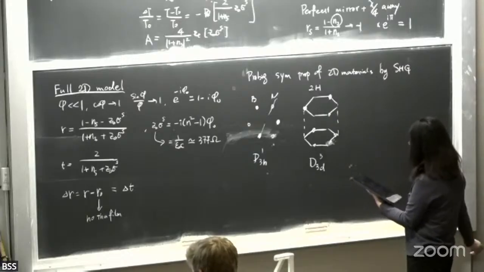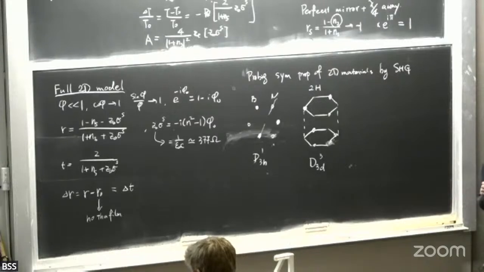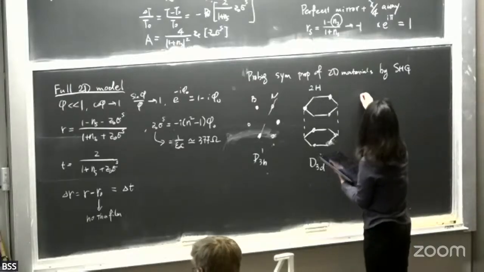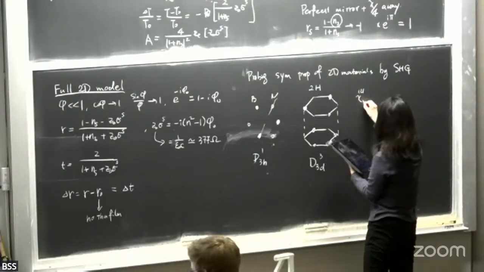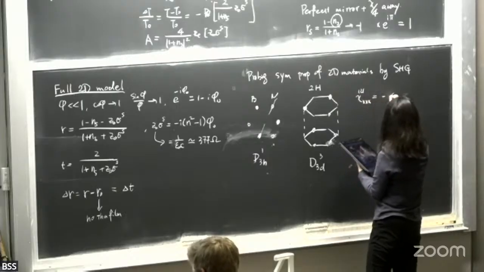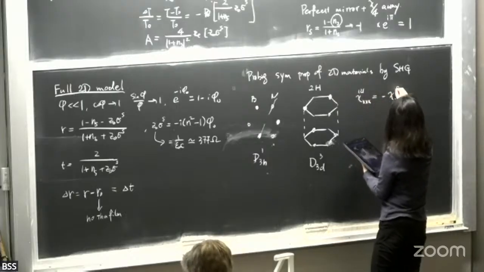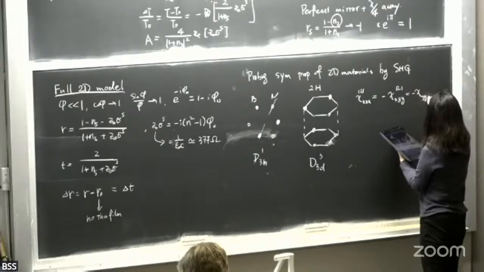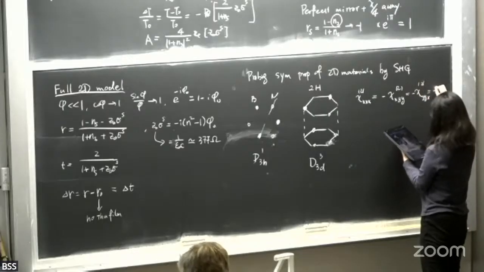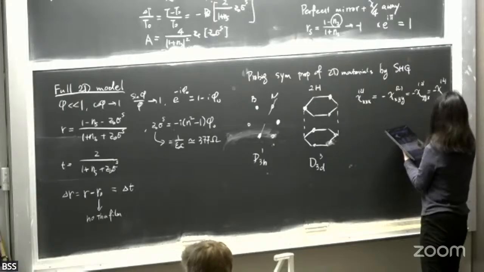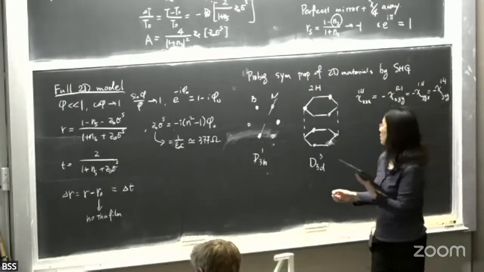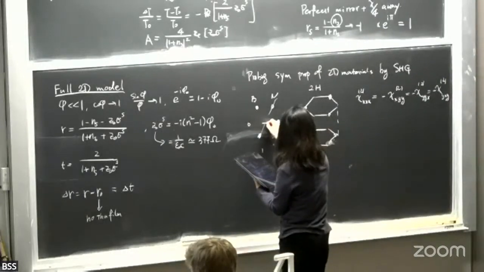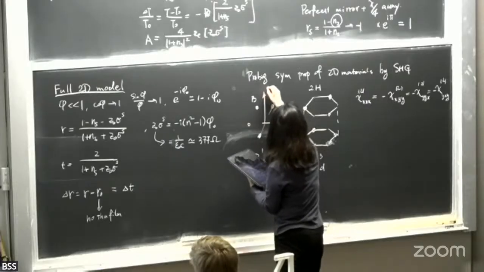For this symmetry group, there's only one independent non-vanishing second order nonlinear coefficient: chi XXX, XYY, YYX, and a negative chi YXY, where X is along this direction, and this is Y.